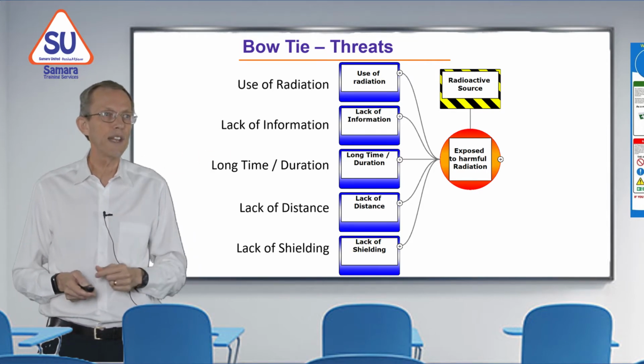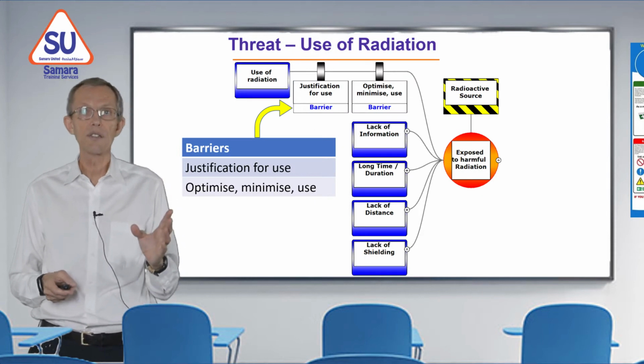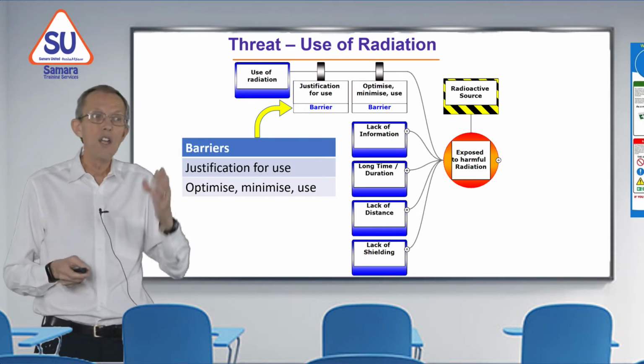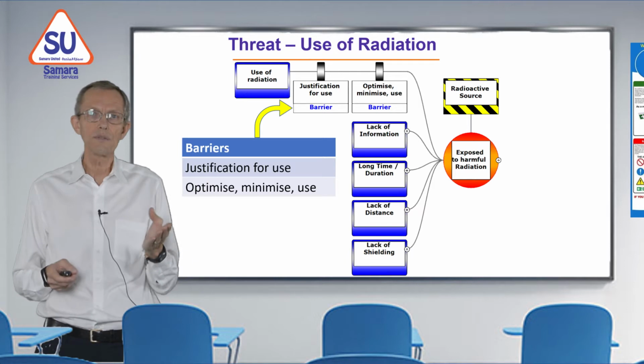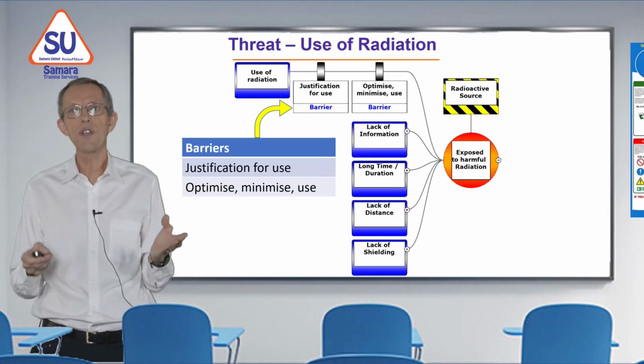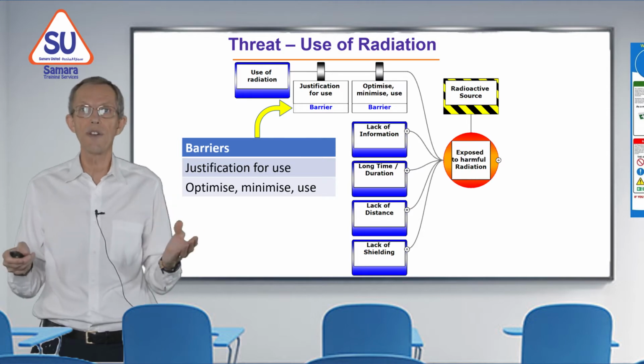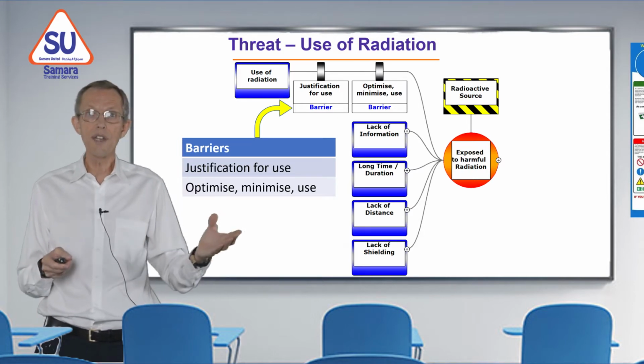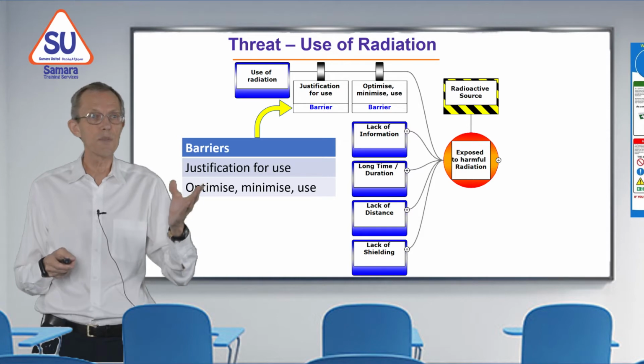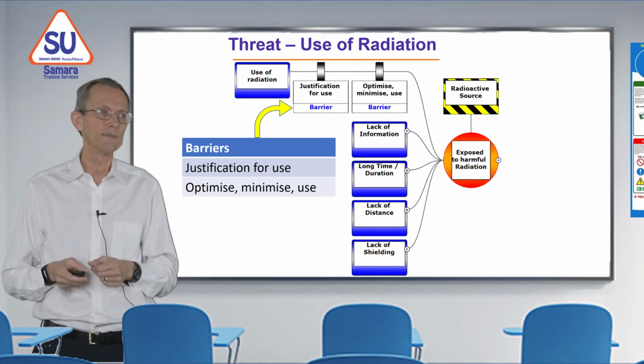So for the use of radiation, we should challenge ourselves and say, do we need to use radiation at all? Is there another way of doing this work or this type of work without radiation? We need to justify and say there is a real reason, a genuine reason for us to be involved with radioactive material.